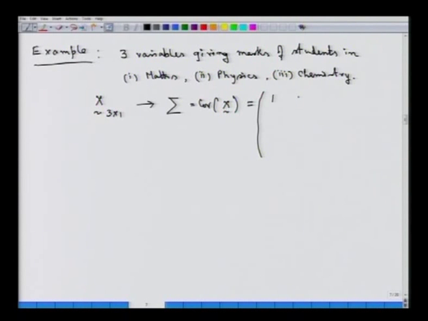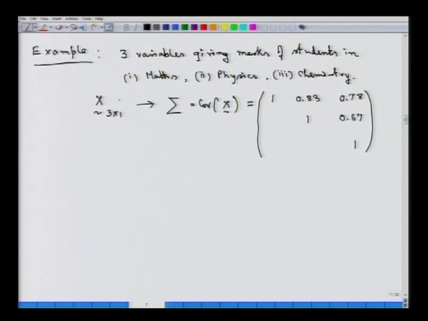This is 1, 0.83, 0.78, 1, 0.67, 1. We just need to write the upper triangular matrix because this is a symmetric matrix. So, as I said, these are three standardized variables, and hence the covariance matrix is the correlation matrix of the three random variables x1, x2, x3.